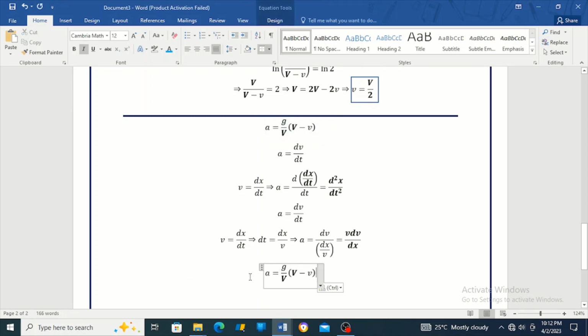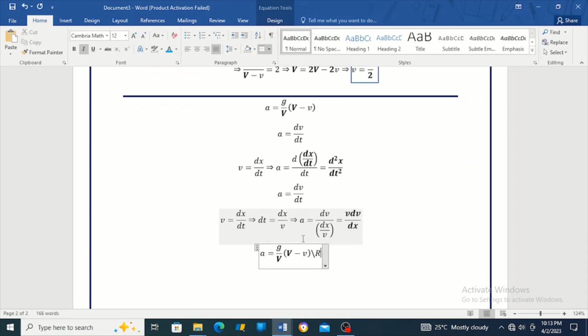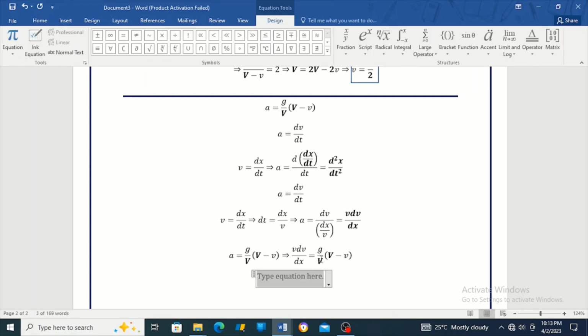Our acceleration being equal to this, it means that we replace it with v dv by dx, so v dv by dx is equal to g divided by V times V minus v. So we can separate variables and we integrate. So I'll have v dv divided by this quantity equal to g divided by V times dx.